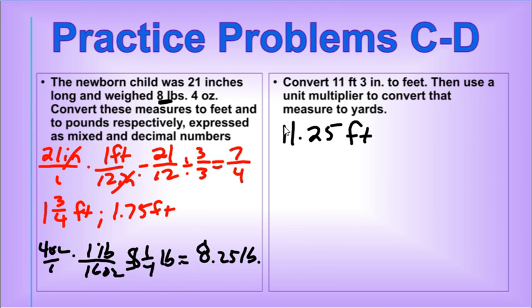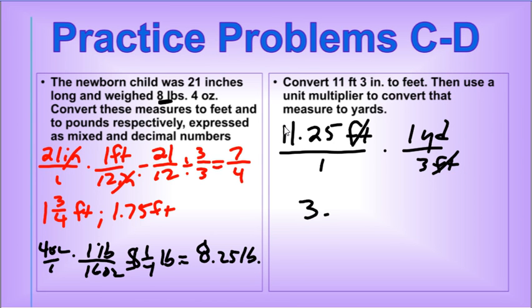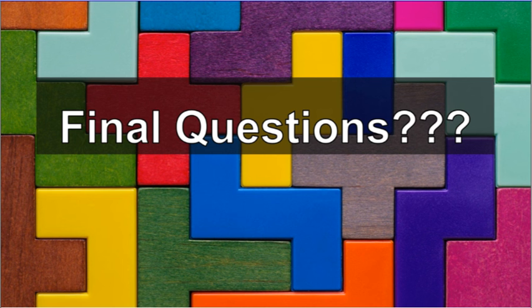You need to convert that to yards. So 1 yard is 3 feet. I have 11.25 divided by 3. That gives us 3.75 yards. So that is our lesson on using unit multipliers to convert units of measurements.